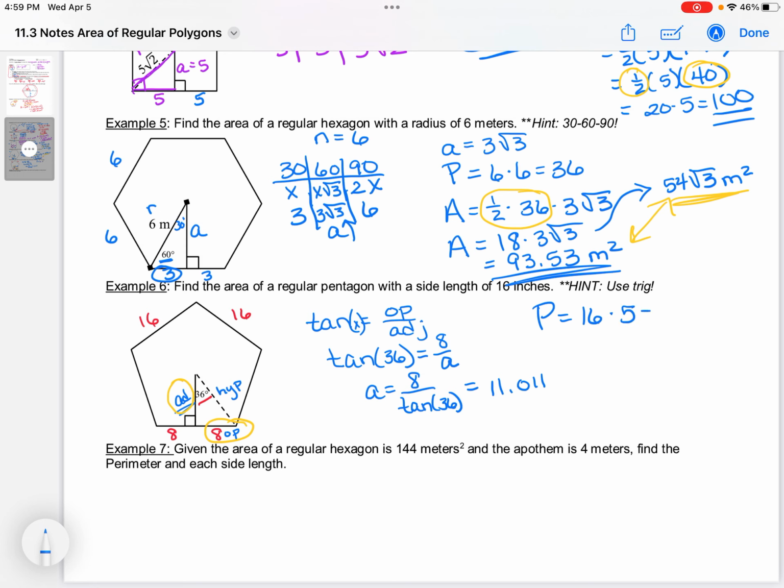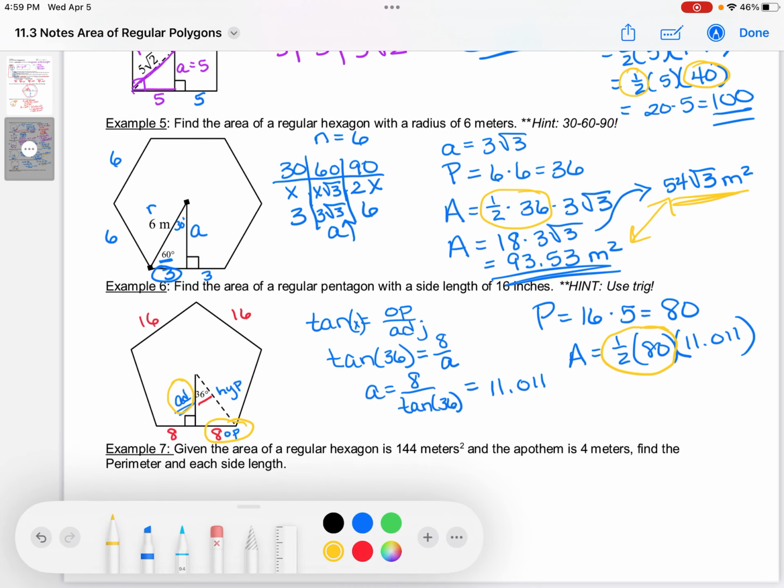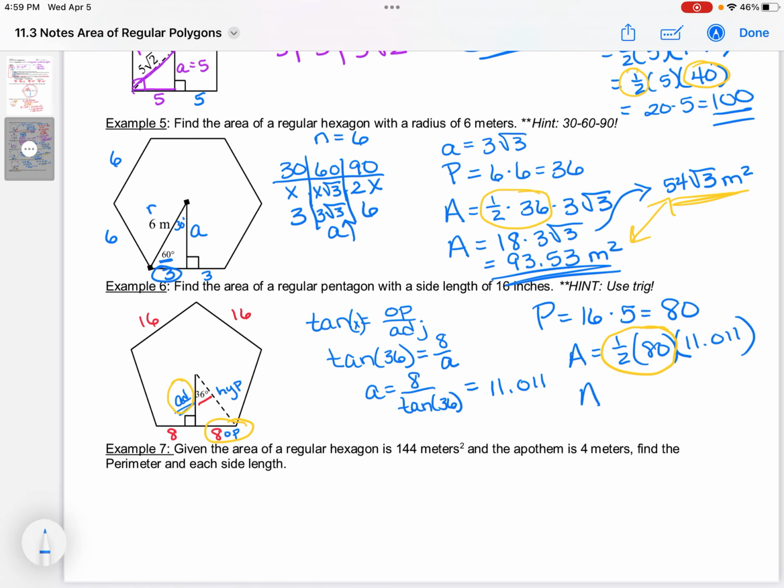My perimeter is 16 times 5, which is 80. So my area is 1/2 times 80 times 11.011. Half of 80. Hope I drive you all crazy doing this. Maybe I'll do practice your math.